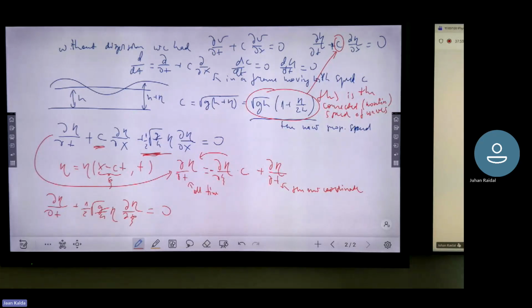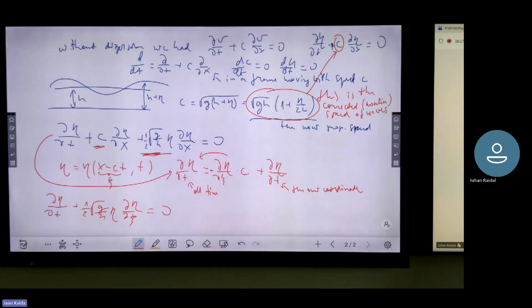All right. So what does this term tell us? To begin with, if we'd like, we can get rid of the numerical factor there by renormalizing, for instance, time.